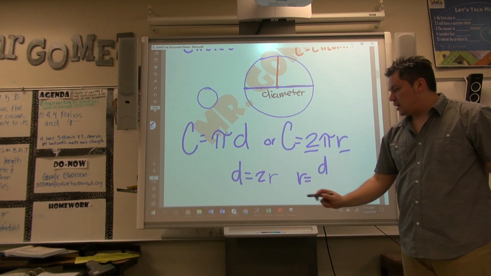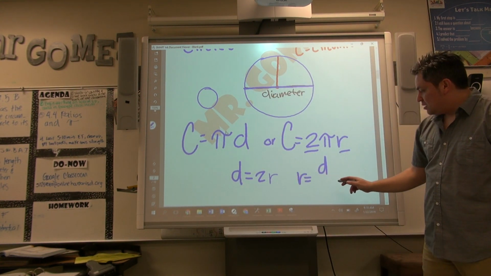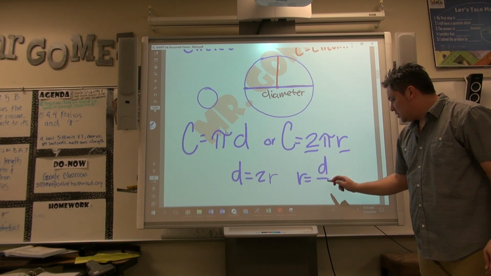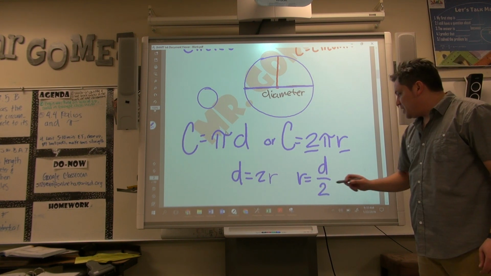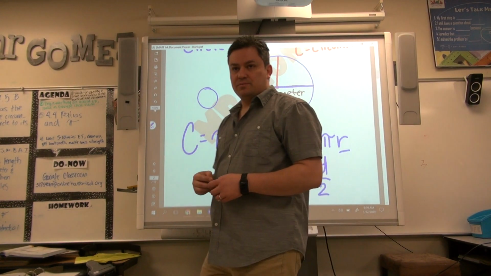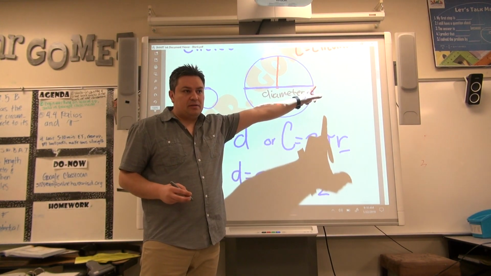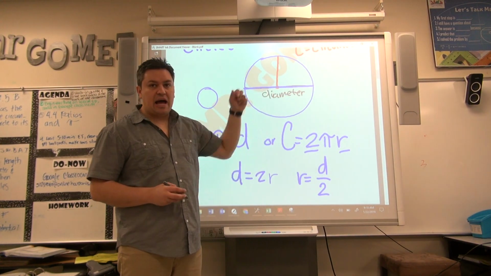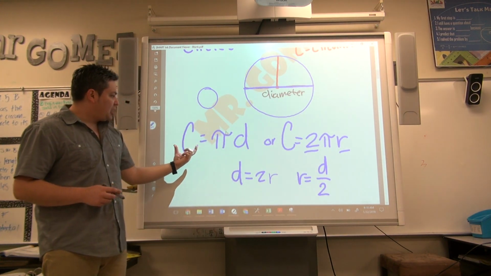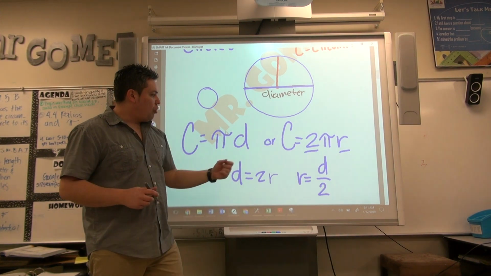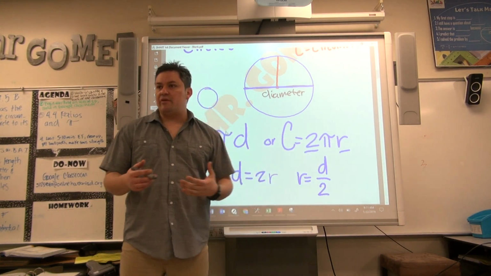What do you think we're gonna do now? If in this one we multiply, what are we gonna divide by? Radius is diameter divided by 2. Again, diameter from end to end, and radius is half of it. The formula for circumference is pi d or 2 pi r, whatever is given to you.